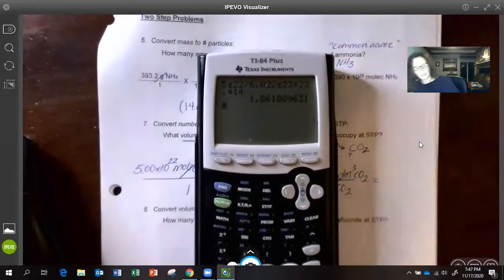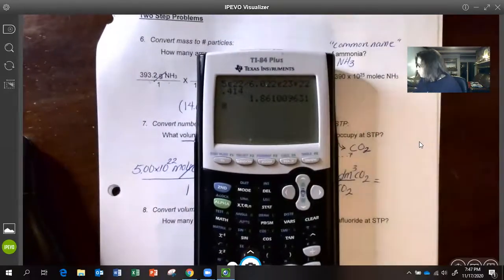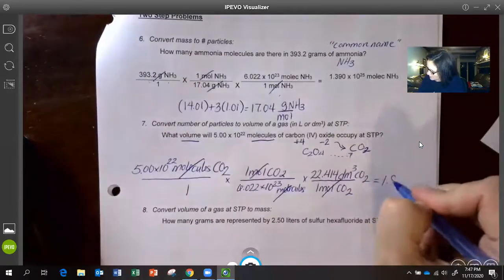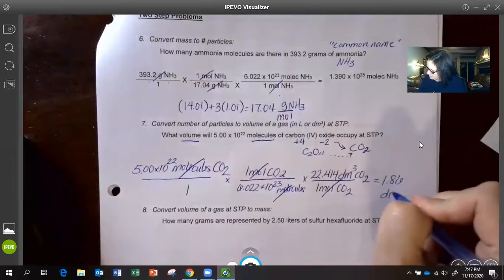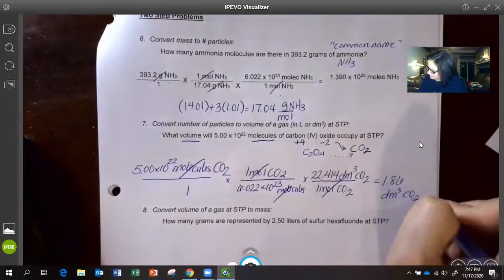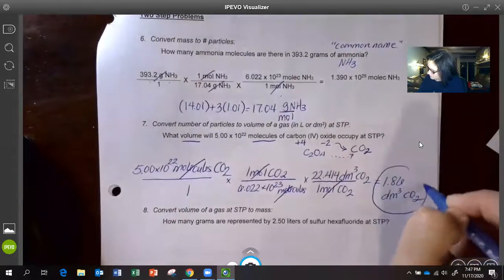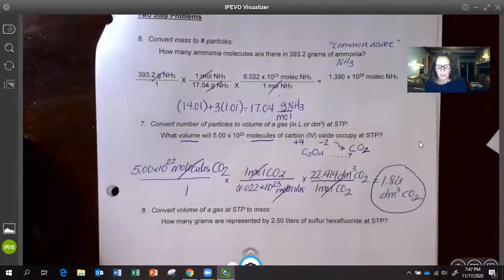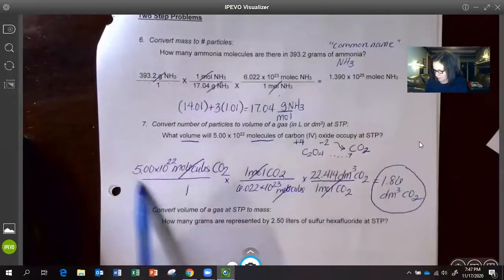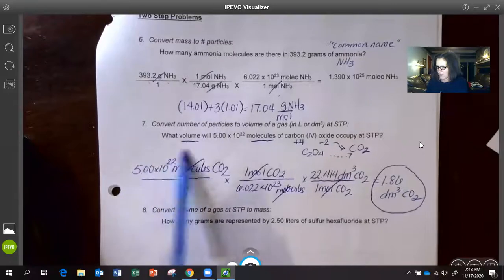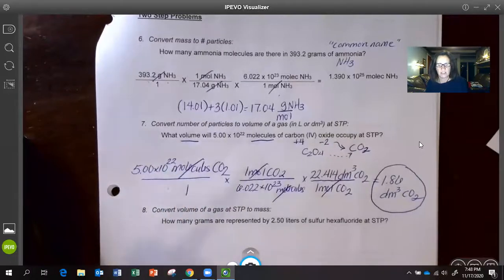So check that on your calculator, but I have 1.86 cubic decimeters of CO2, which sounds reasonable to me. So 1 mole of CO2 is 22.414, and you can see right here that we have much less than a mole, okay? So I like to think through that. Does my answer make numerical sense at the end?